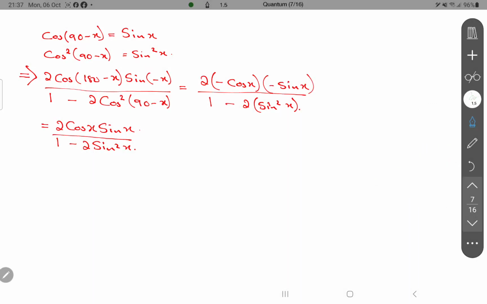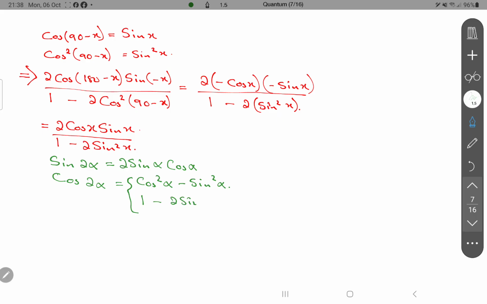And we have identities. Sine 2 alpha is 2 sine alpha cos alpha. And for cos 2 alpha, we have three of these: cos squared alpha minus sine squared alpha, 1 minus 2 sine squared alpha, and 2 cos squared alpha minus 1.